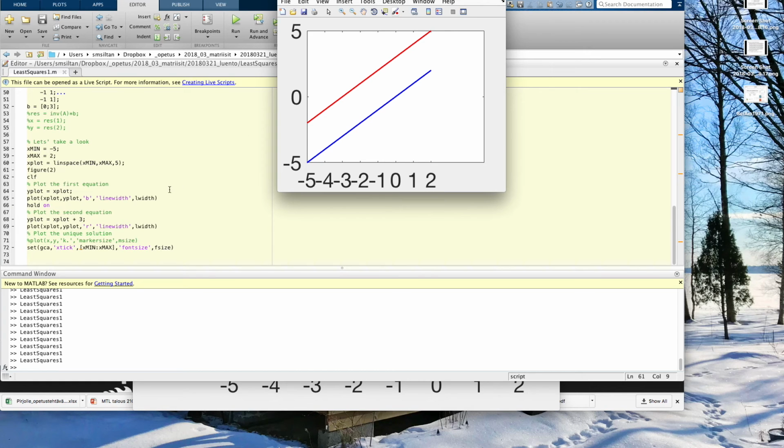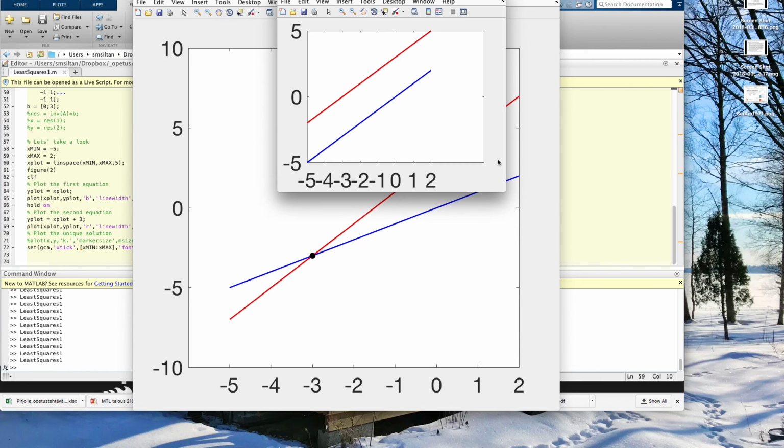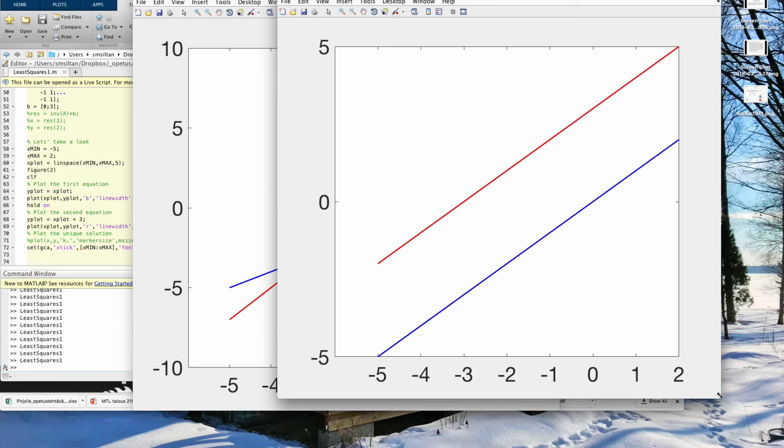Okay, so now, why is this so small? Let's run it. That's strange. But anyway, so now you see we have two parallel lines, and to solve this pair of equations, we would have to find a point in the plane that belongs to both of these lines. As you know, there is no such point.